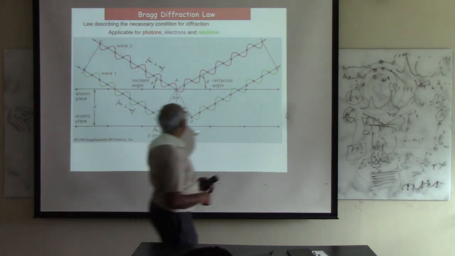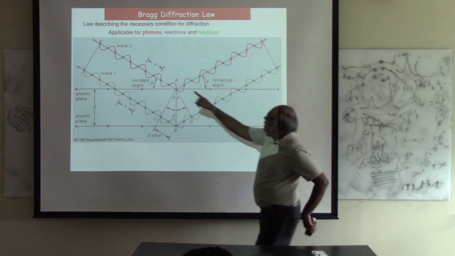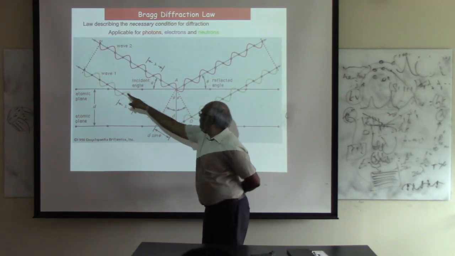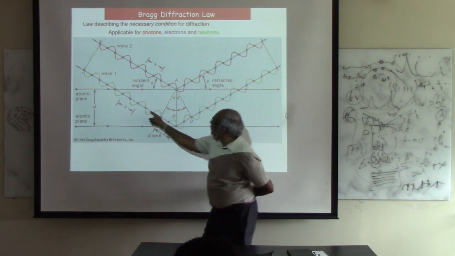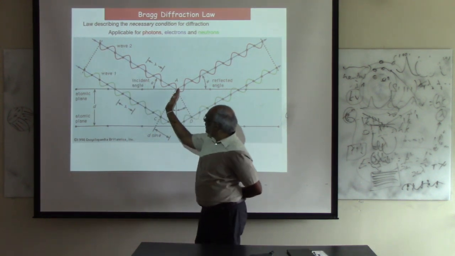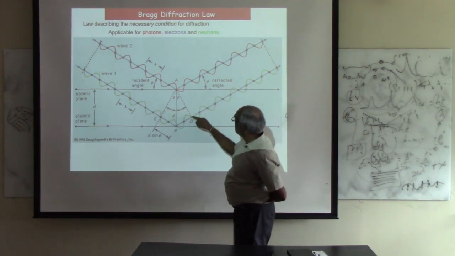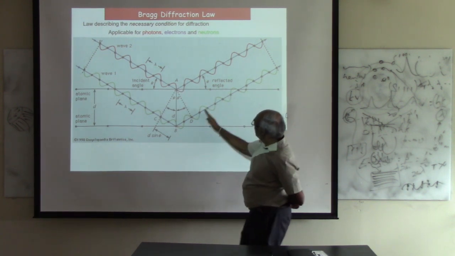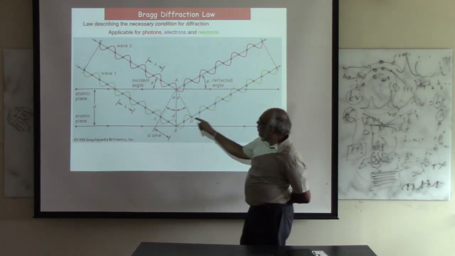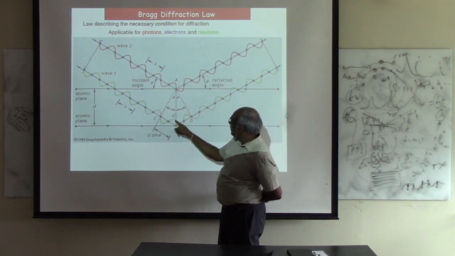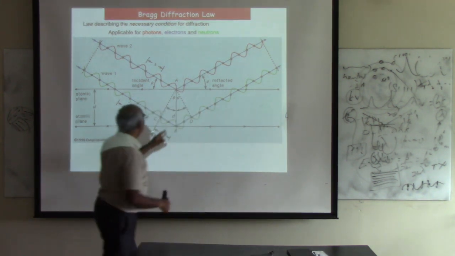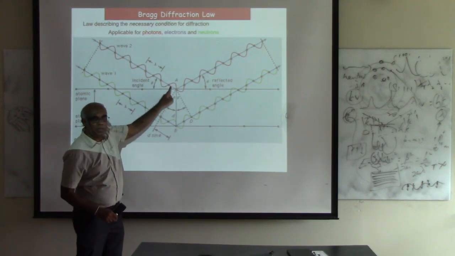So now in this case, suppose these two rays are coming, right? If you look at this one, up to this point, they both go the same distance, right? So from here to here, also they go the same distance. Only this much length is more compared to this one, right?